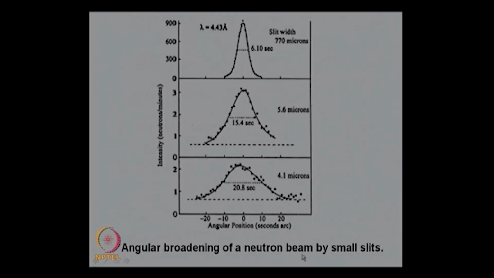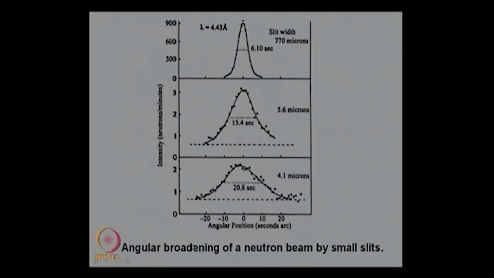So, this is the diffraction of the electron, this is the probability distribution, and this is the angular broadening of a neutron beam. As I mentioned, whether you have neutron or proton or electrons, it will exhibit the same diffraction pattern. Each particle has, as I had mentioned in the very first lecture, a very well defined charge, magnetic moment and mass.